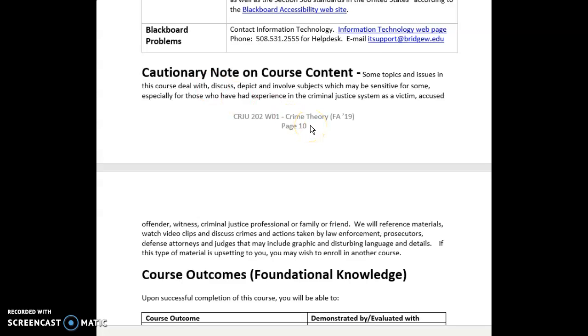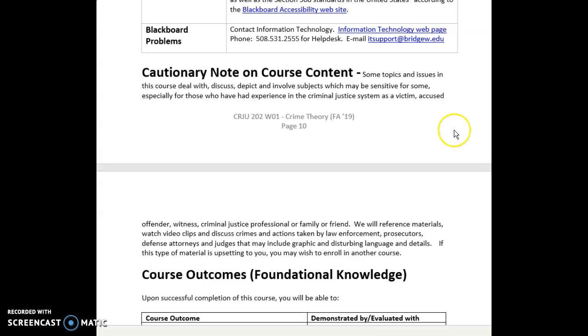Studying crime and victimization, by its very nature, can involve situations, portrayals, discussions, and depictions of subjects that can be very difficult and sensitive for some people, especially but not exclusively for those who may have experienced criminality either as a victim, a witness, an accused, an offender, a criminal justice professional, or a family member or friend.